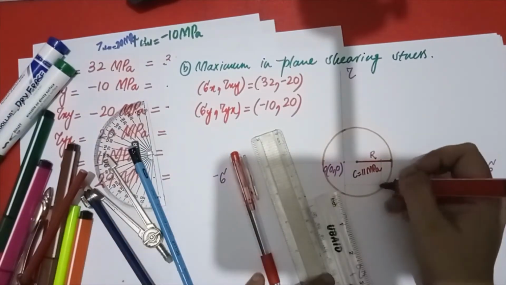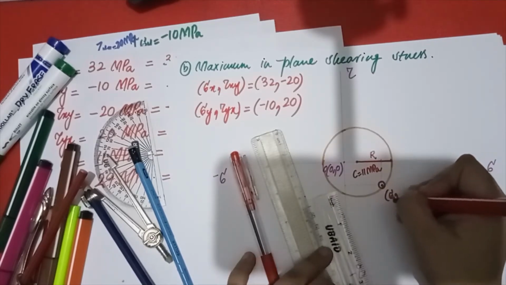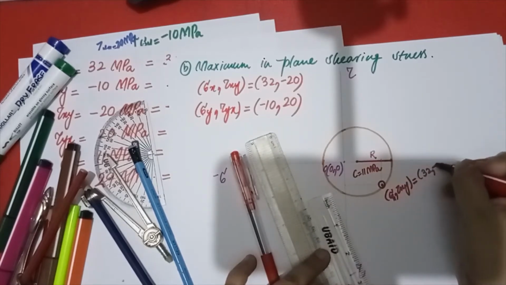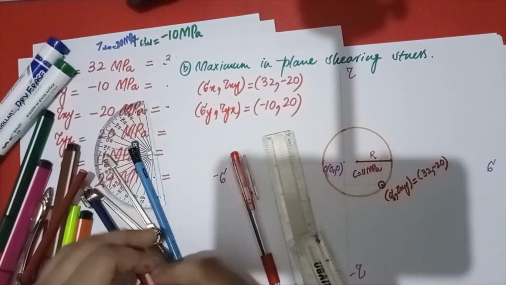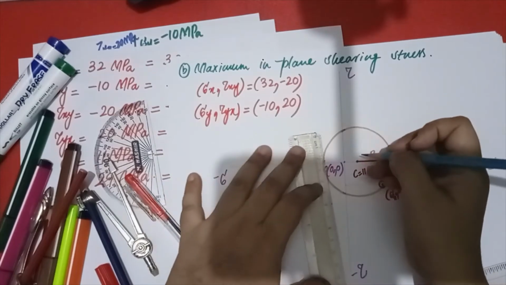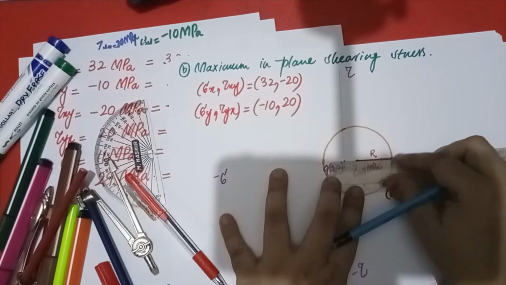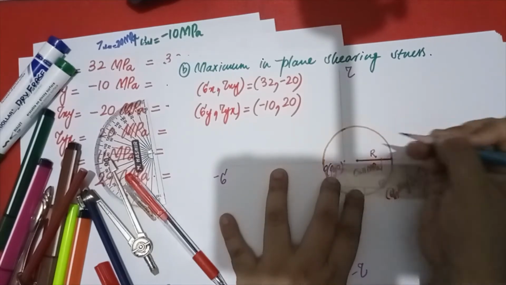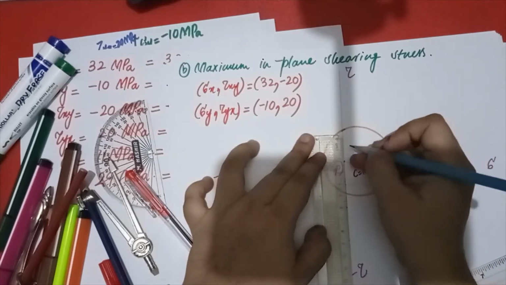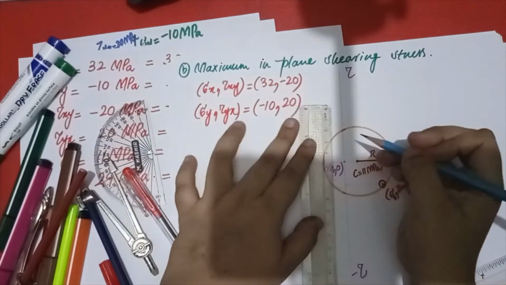So this point is sigma x comma tau xy equals 32, minus 20, and the next point is minus 10. Minus 10 means this will be 1 centimeter, and the other one is 2 centimeter. So let me plot it.